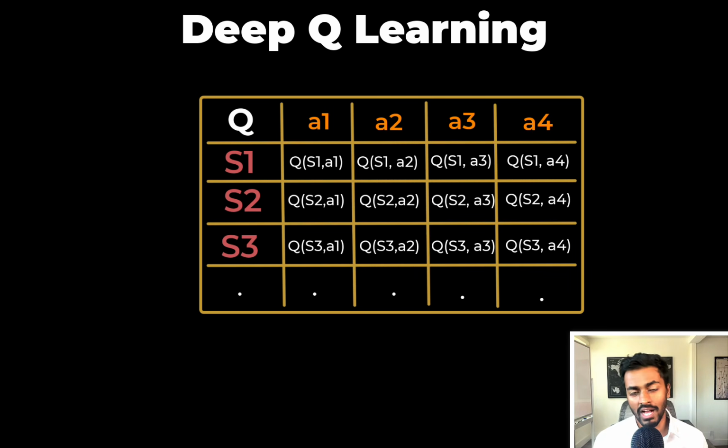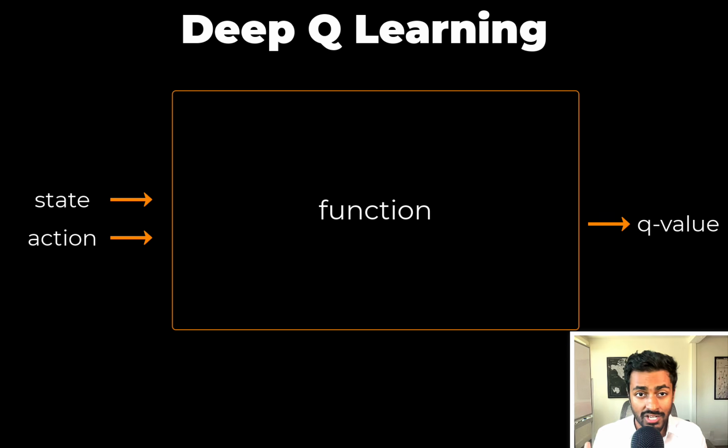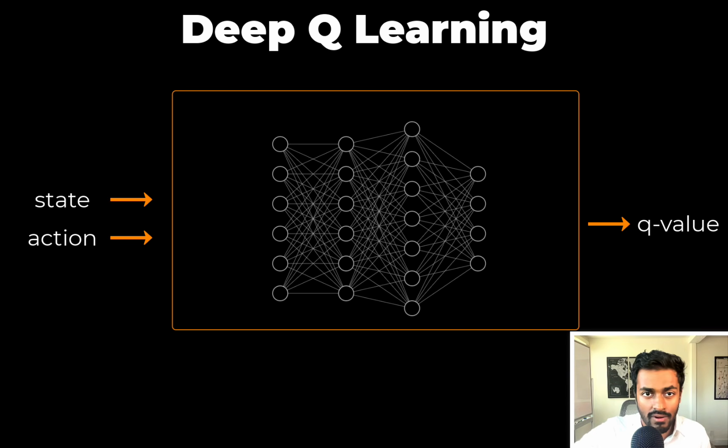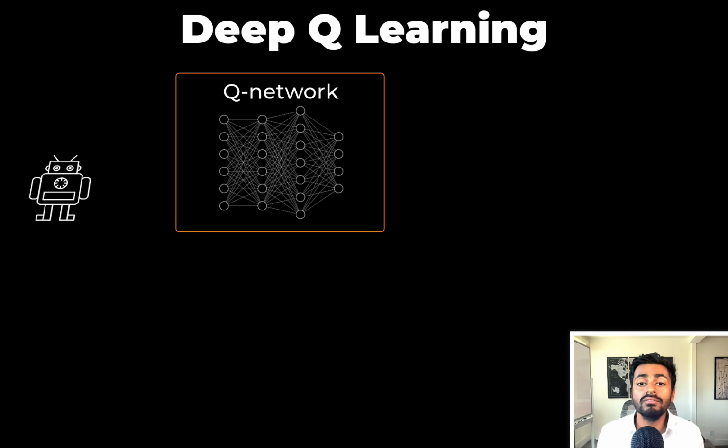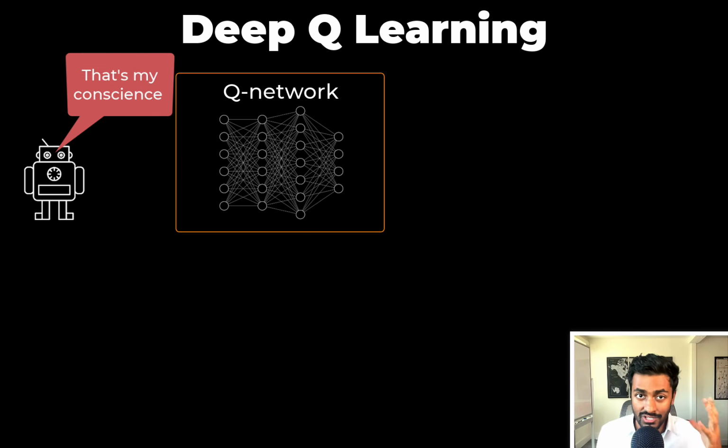So we replace this giant Q table with a function. In the context of AI, this function is typically a neural network. So Q-learning is to learn values in a Q table. Deep Q-learning is used to learn the parameters of a Q network or a neural network. Now this Q network is randomly initialized and represents Frank's conscience.